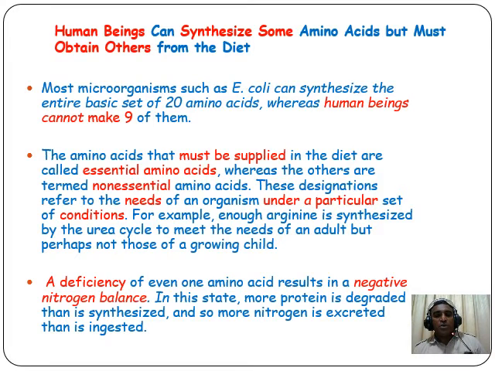So conditionally, in a young child, it's not sufficient, therefore it's considered essential. Then when grown up already, it's sufficient and becomes non-essential, therefore it's called a conditional amino acid.